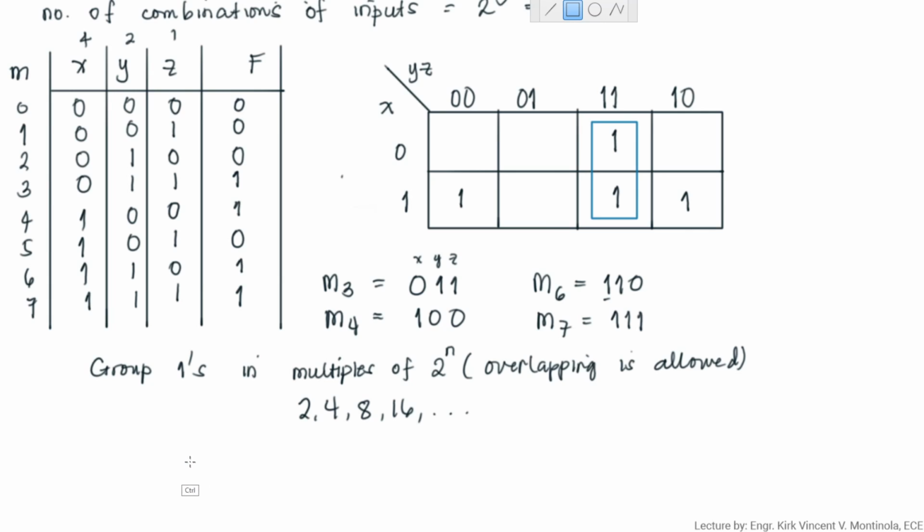So find the input variable that does not change. Okay, find the input variable. So you should be able to identify what variable is still the same when this square traversed from X 0 to 1 and then 1, 1.